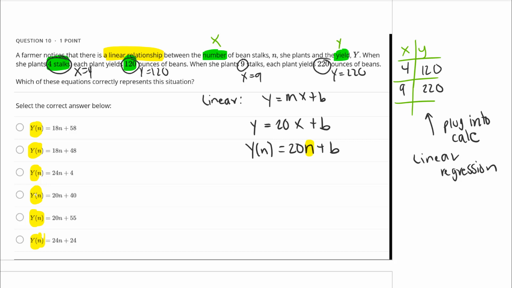So I'm changing my variable x to be n, okay? So in this case, the best scenario is going to be this one. So I would click on this answer for y of n is equal to 20n plus b.